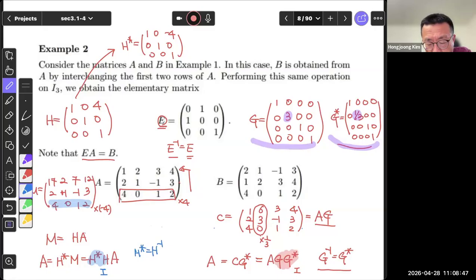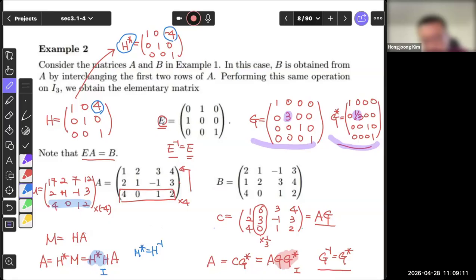So H star is an elementary matrix corresponding to the replacement or type 3 operation, and that operation only has the negation of this number 4 which we used in H matrix. Okay.